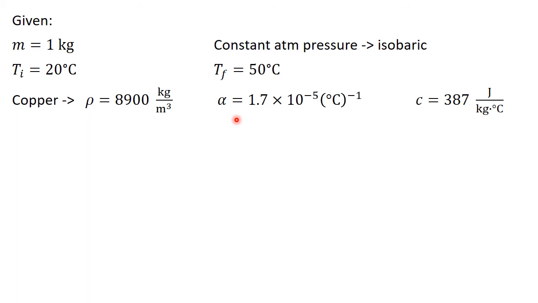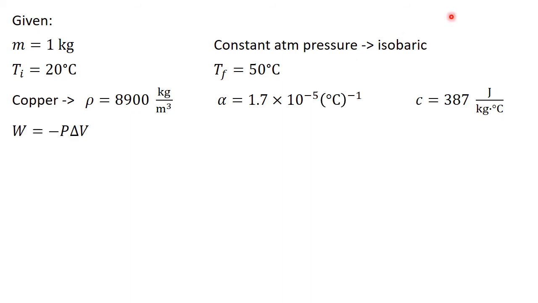And ang kanyang specific heat is 387 joule per kilogram Celsius. Okay, nagtataka kayo bakit magagamit ba natin itong mga specific properties ng copper? Yes, as you can see later on. Okay, because we are only given the mass.